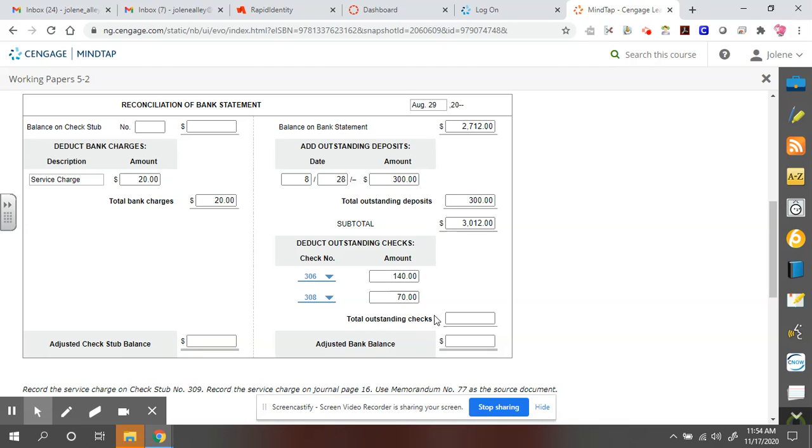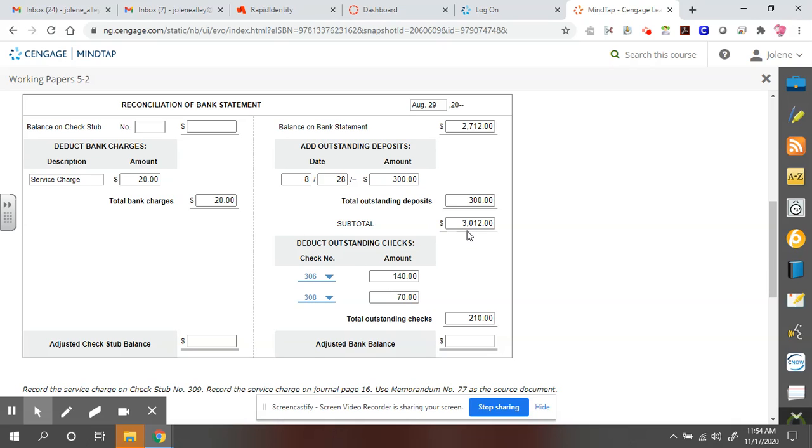Now it says total outstanding checks. So here you have to add those two checks. So you got your 140 and your 70, 210, $210. It says right here to deduct, subtract.